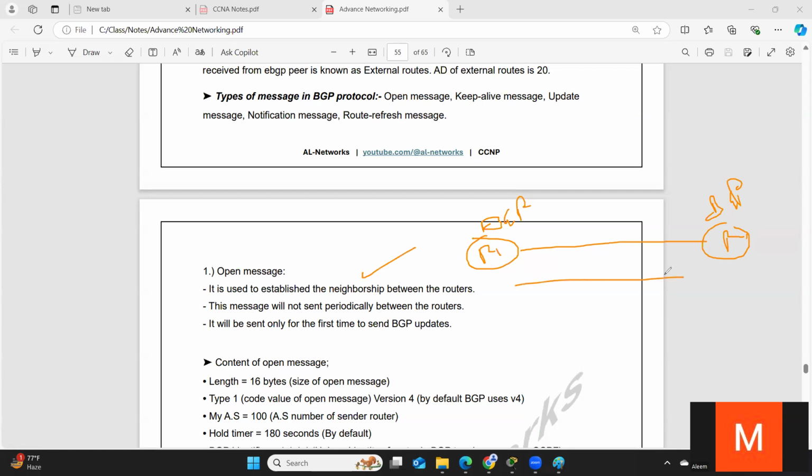It is sent only the first time, whenever the BGP neighborship forms. After the neighborship forms, they will send keep alive messages. The open message is only sent the first time; it is the neighborship message actually.